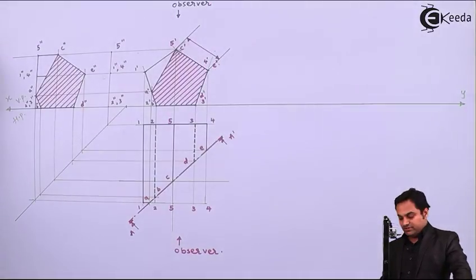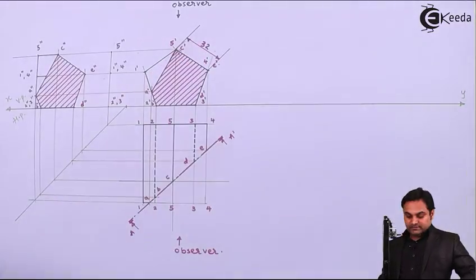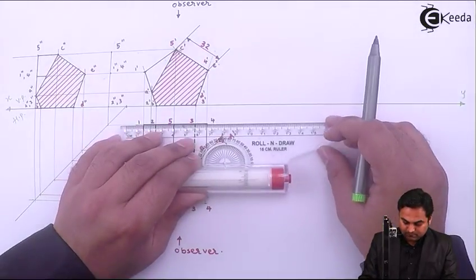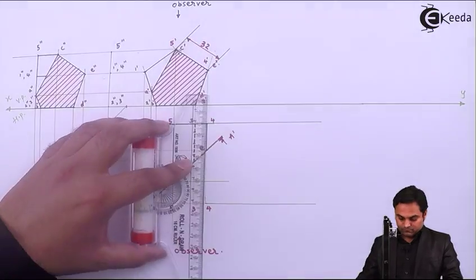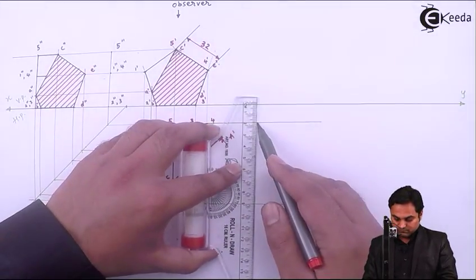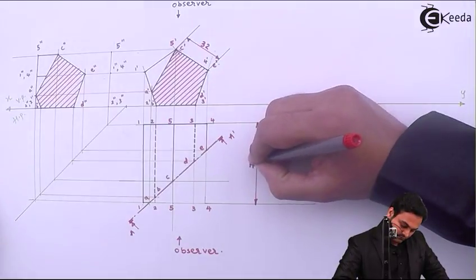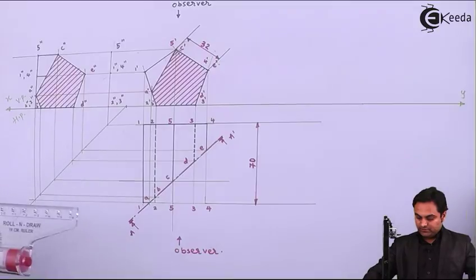Edge of base was given as 32 and axis height was 70 mm. Axis height 70. Next, inclination of the cutting plane.